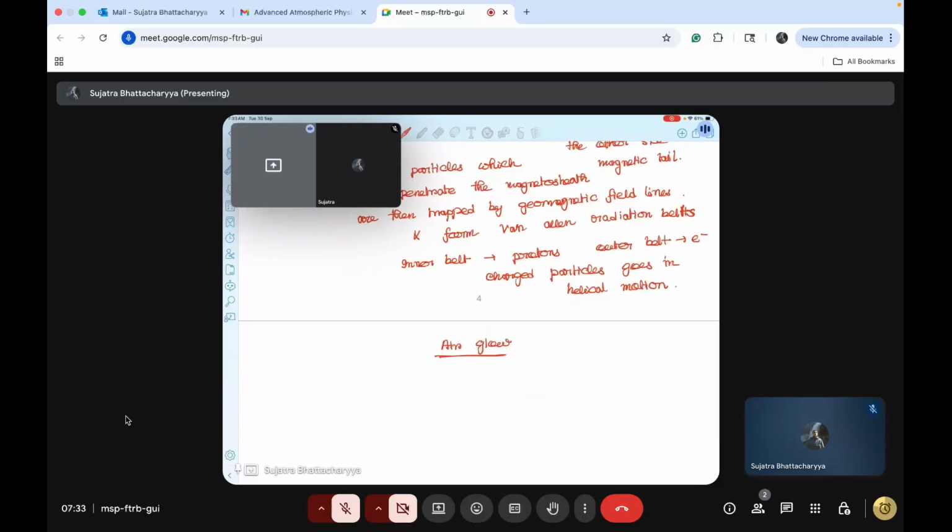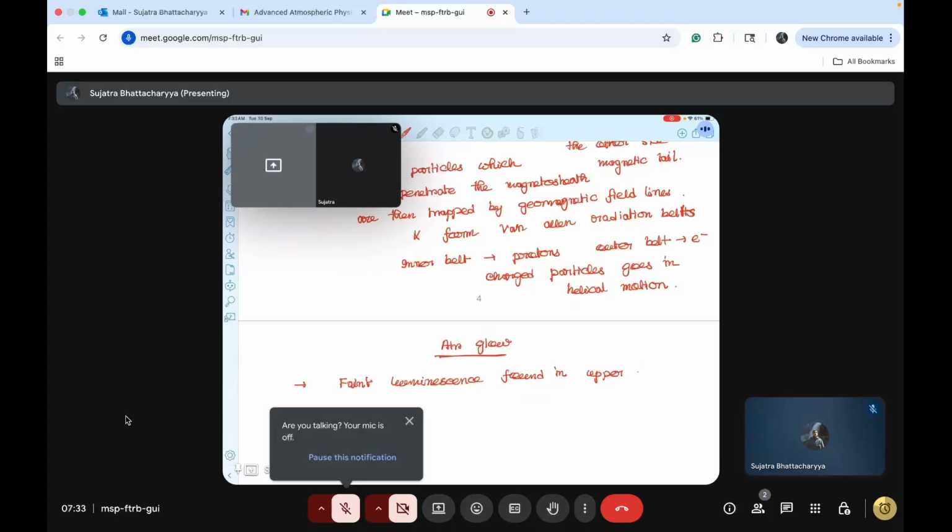What is an airglow? Airglow is the faint luminescence found in the upper layer of the atmosphere, the upper atmosphere.